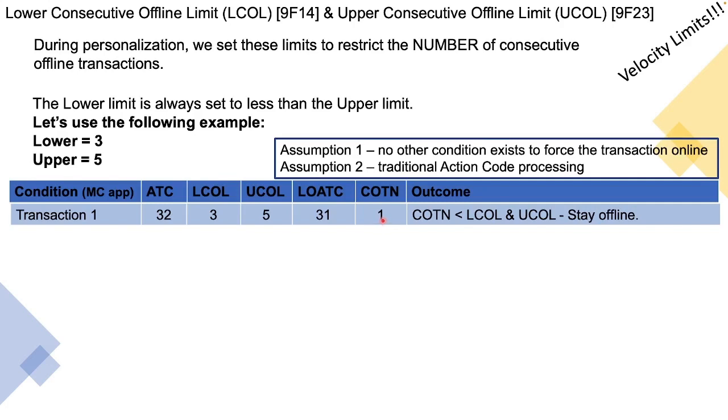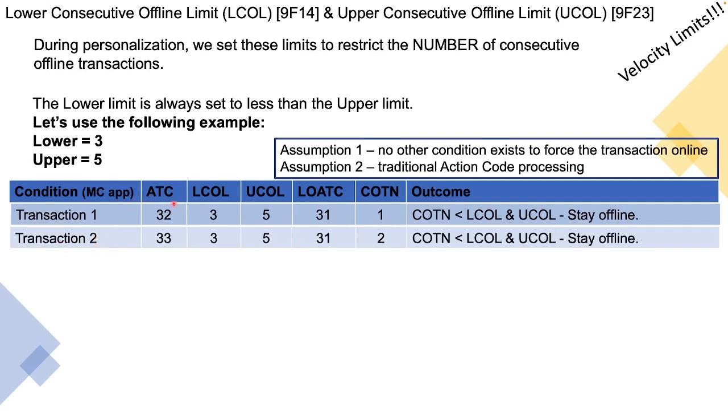How we got the 1: it was the ATC minus the LOATC gives us a count of 1. Is the counter less than LCOL? Yes, 1 is less than 3. Is the COTN less than your upper? Yes, 1 is less than 5. Therefore, stay offline. The action code says to stay offline.